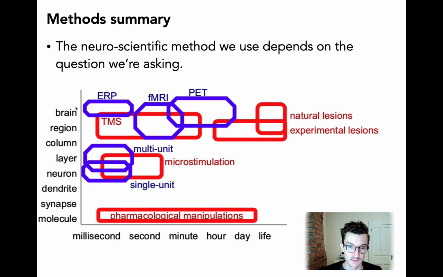On the other hand, if we record from individual neurons, right, we have very high spatial resolution and very high temporal resolution. And so I think this image nicely shows how some of the techniques that we've discussed in this lecture differ in terms of spatial and temporal resolution, and it also nicely shows whether they're causal, so the red outlined areas, versus correlational.